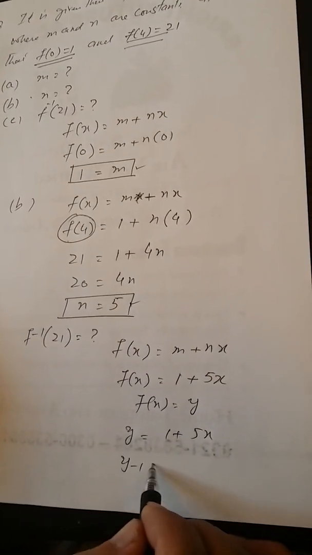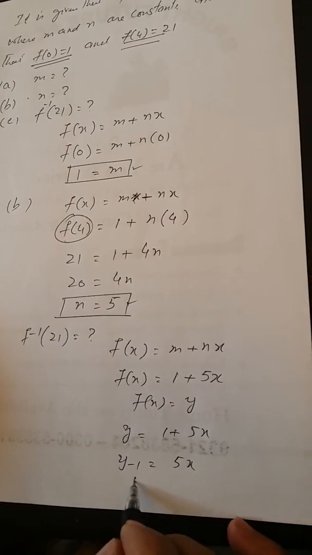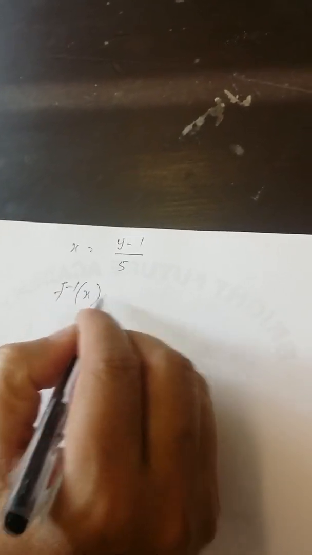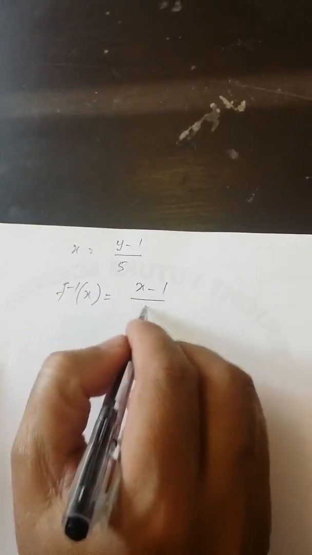Y minus 1 is equal to 5x. (Y minus 1) upon 5 is equal to x. Now x is equal to (y minus 1) upon 5. So this is the inverse function. We have got (x minus 1) upon 5.